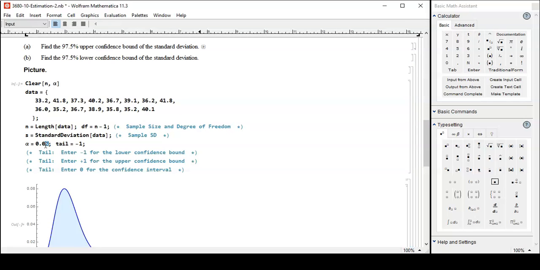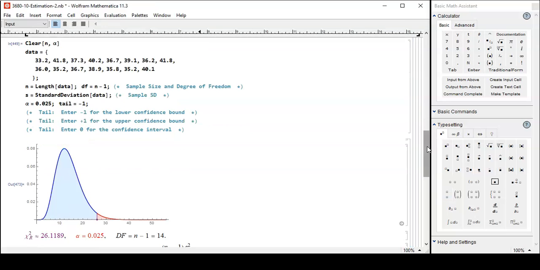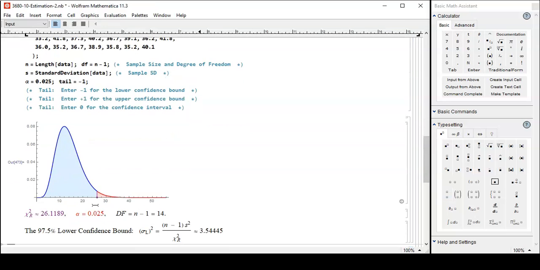The picture will change accordingly for the 97.5% lower confidence bound. Remember, reverse, the lower confidence bound is to the right.